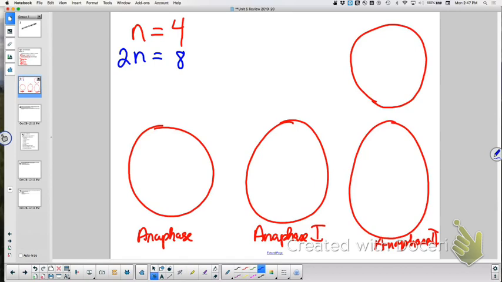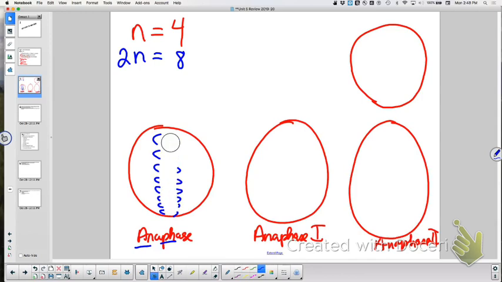If I was showing you anaphase with 8 chromosomes in straight up mitosis, would they be with their partner? No, single file coming apart, right? 1, 2, 3, 4, 5, 6, 7, 8. They were like this, and now I've pulled them apart. Do you understand what I did there?